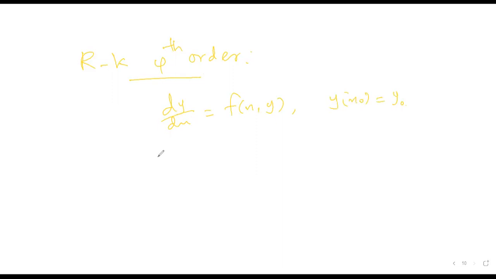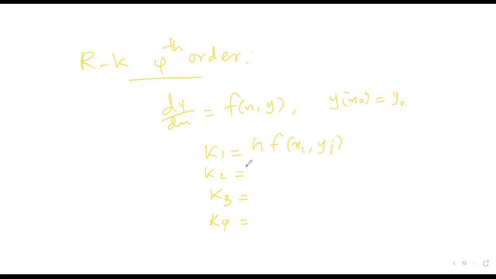Now we have to find four values: K1, K2, K3, and K4. So this is what you have to memorize, or somehow you have to understand. K1 is the same as the second order K1, that means h of f of xi comma yi, first of all.